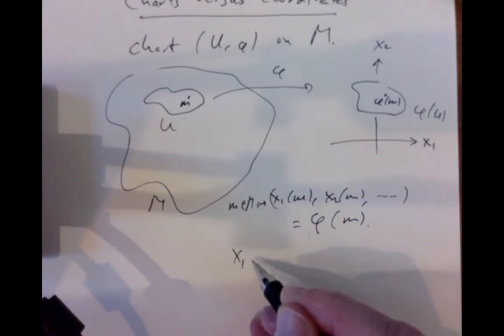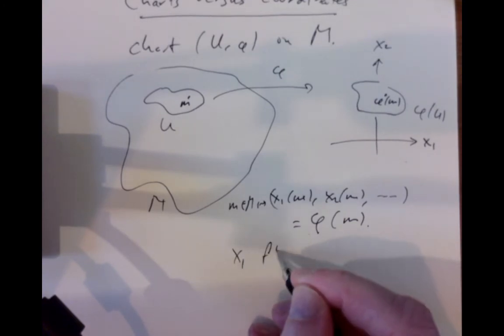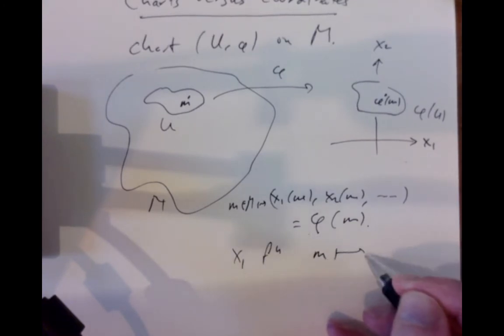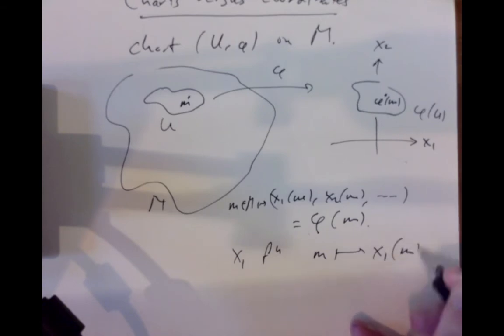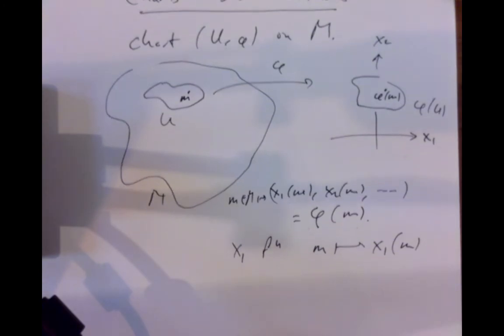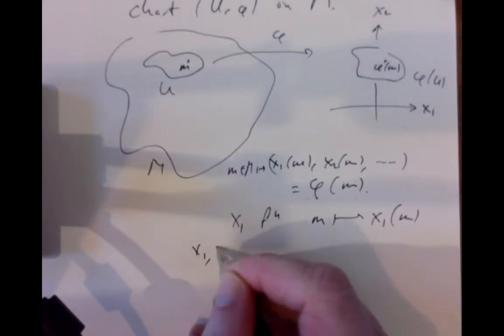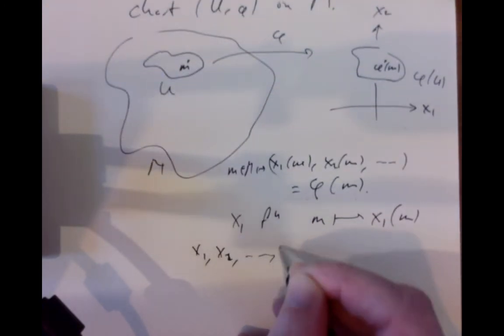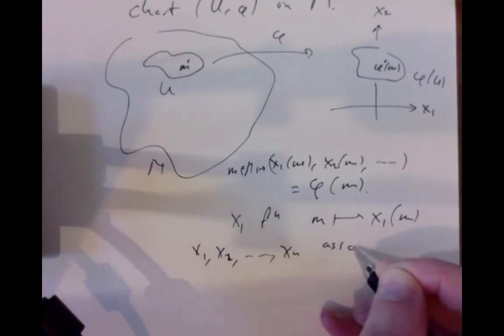So x1 is a function which associates to M the x1 coordinate of M in the chart phi. And of course, it depends on the chart. You get different charts with different x's. So it's traditional to write these functions, x1, x2, xn, associated to some chart phi.